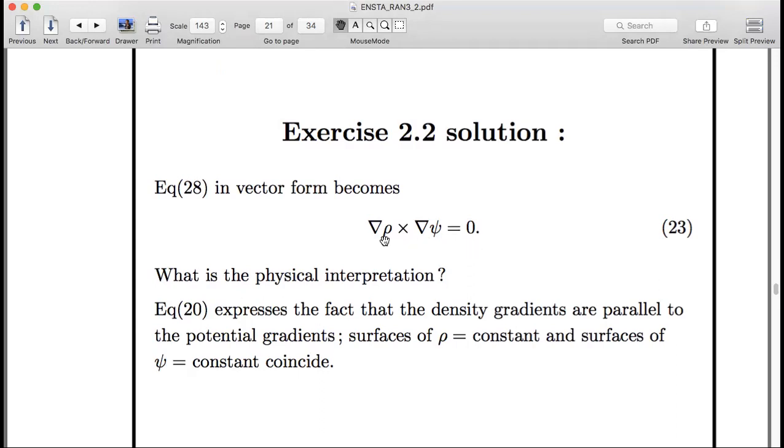Well, it would equal 0 if there are density gradients and psi gradients. And there are psi gradients if there's a body force, right? And there are rho gradients if the density is varying throughout the fluid. And so what this says is that the density gradients must be parallel to the direction of increasing potential.